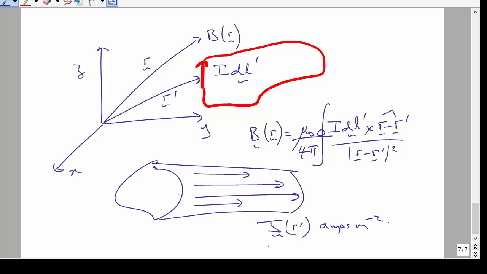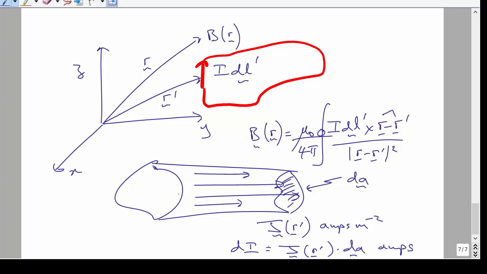And the idea is that if I want to know the current flowing across a given area, so let's say I had an area over here, and let's call that area dA, then the current flowing across the area, dI, would be J at R prime dot dA, and clearly this has units of amps, units of current.